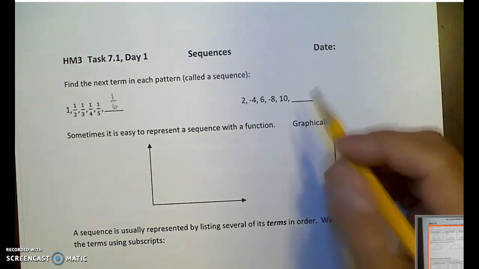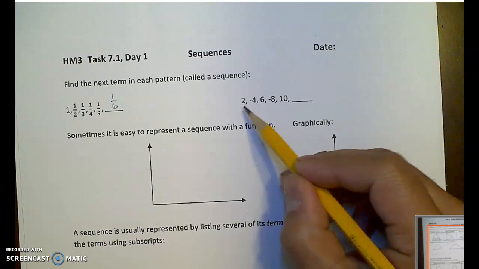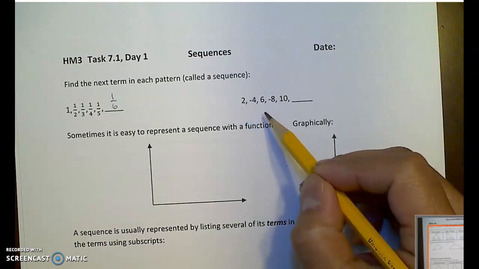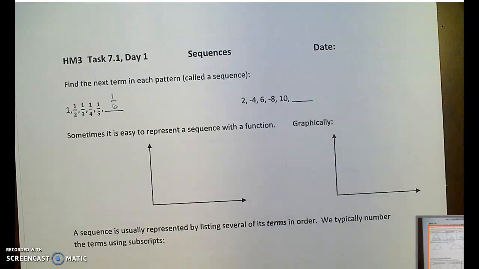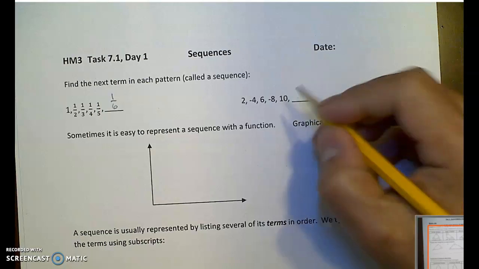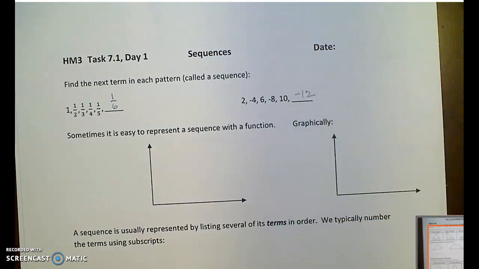Good job. Next sequence: 2, -4, 6, -8, 10. What is the next number in that sequence? That is correct, Alex. It is -12.